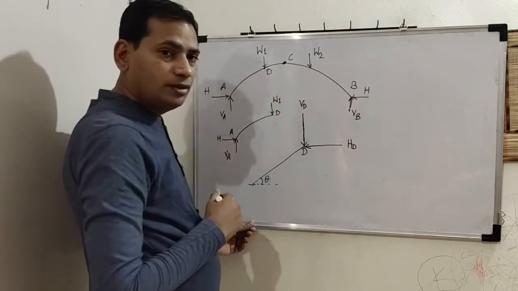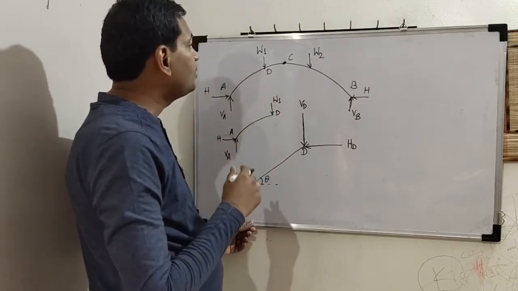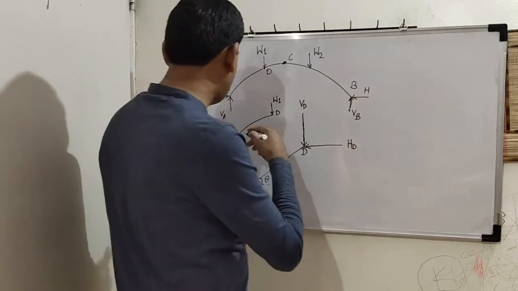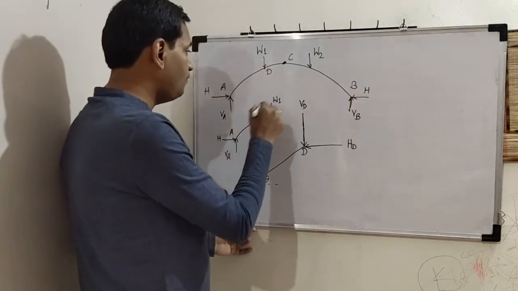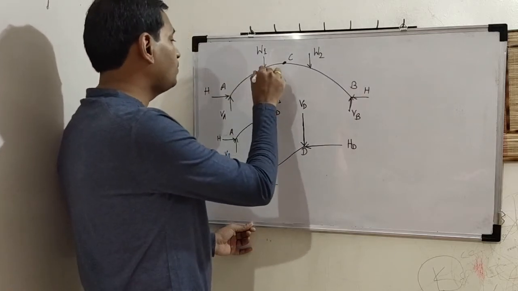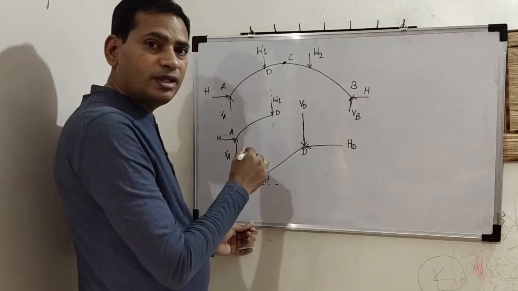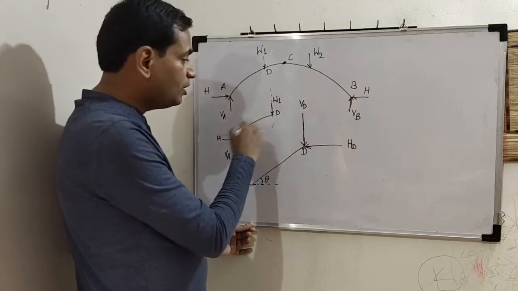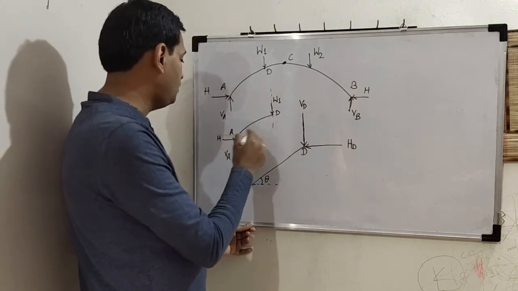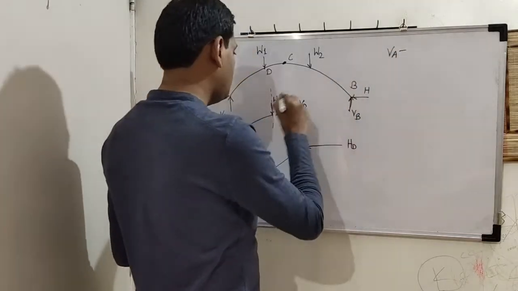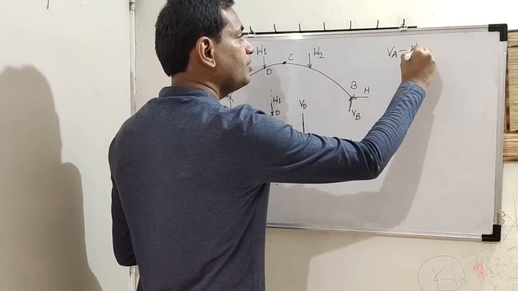Now on D, I have found out the net shear force on point D. How much is that? If you consider the AD part only and take the vertical summation of vertical forces on the left hand side of the section, you will get VA minus W1. Correct? This is the net shear force.